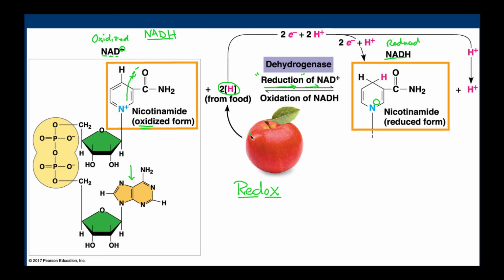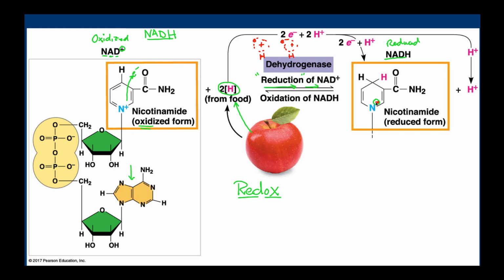Well, think about this. Okay, so we're going to take two hydrogens from foods in our diet and think about what two hydrogens are. Two hydrogens are what? They're two protons with a lone electron. Okay, so this is a hydrogen atom, and this is a hydrogen atom. Okay, so first of all, we're going to fill in that electron hole.